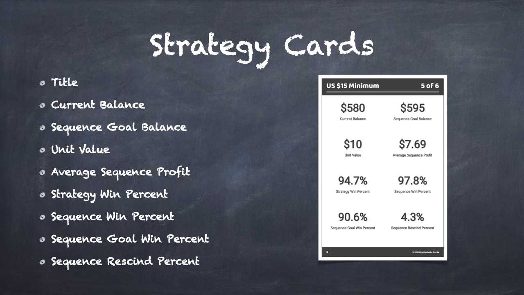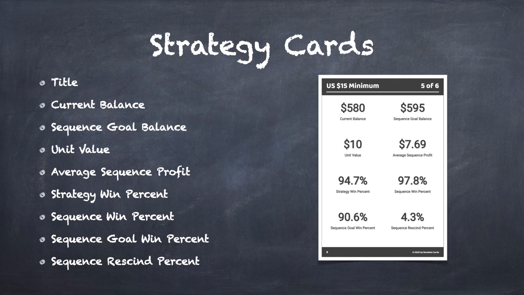So we're not trying to reach a goal, it's just we have a 97.8% chance of not losing. And that's all that means. And then our sequence goal win percent tells us what are our odds of actually going from $580 to $595. So just this card to meet this goal.